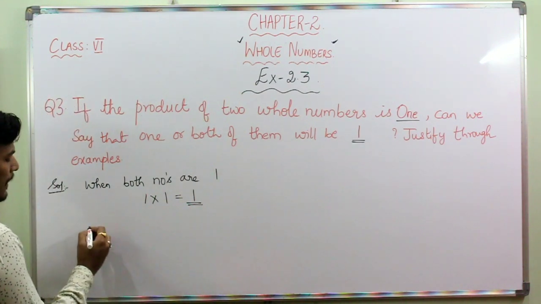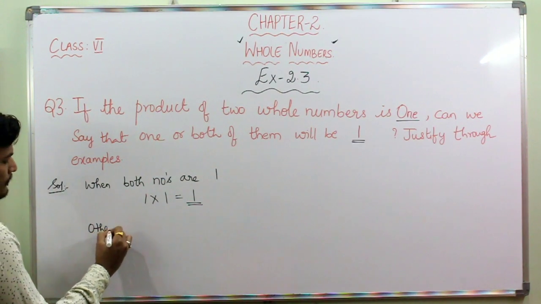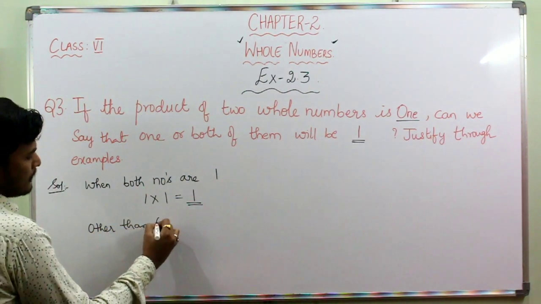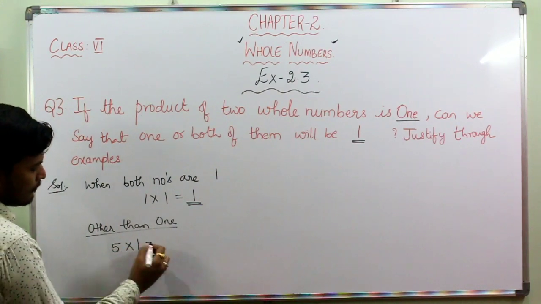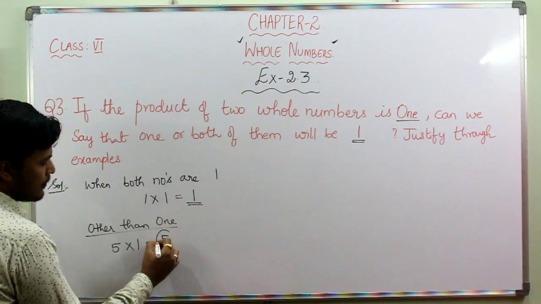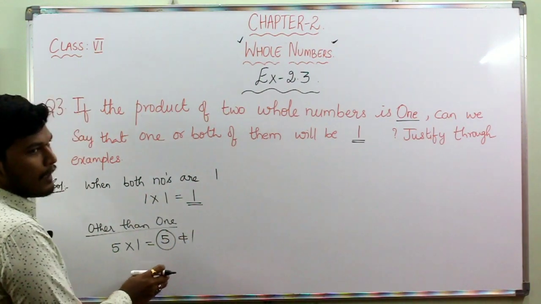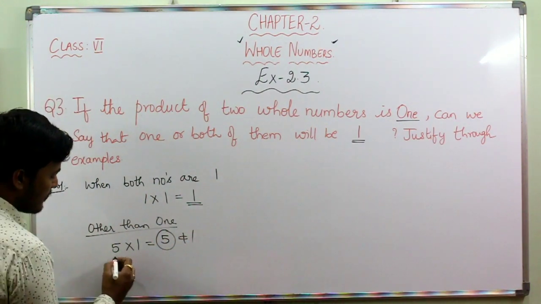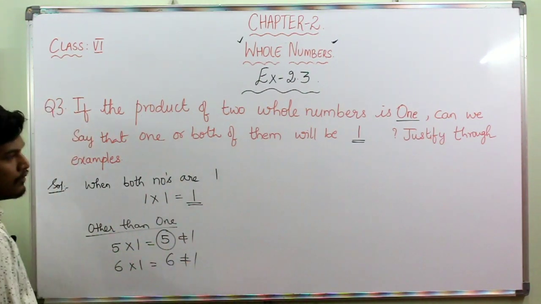But if I take other than 1, that is 5 into 1, 5 into 1 is 5, so this is not equal to 1. So this is not possible for all the other numbers. 6 into 1 is equal to 6, which is not equal to 1.